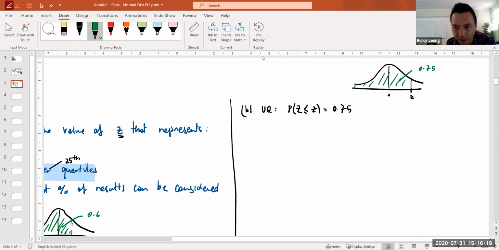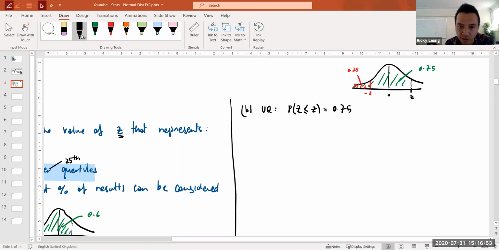Because of symmetry, if this guy here is 25%, then to find the lower quartile, which is 25%, whatever z value this is, the lower quartile will be the negative of that z value. So if I find my upper quartile, the negative of that z value will be my lower quartile because it's fully symmetrical. So all I need to do is find the upper quartile and then infer the negative case to be my lower quartile.